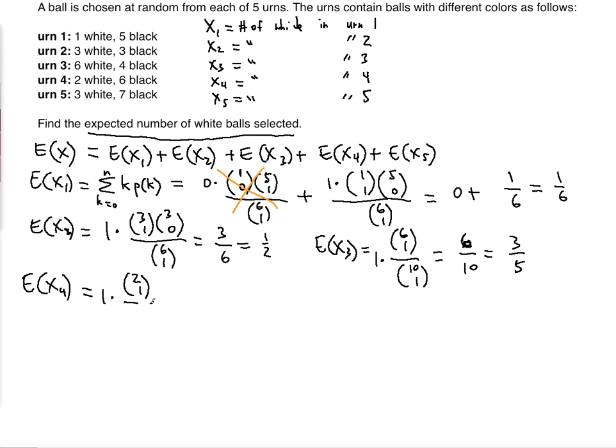Divided by the total. What's the total? 8 balls, so choosing 1 out of the 8. That's going to be 2 over 8, which is 1/4. Excellent.